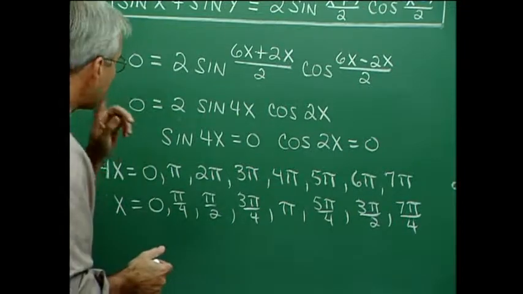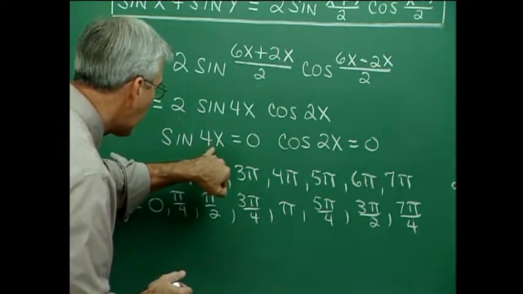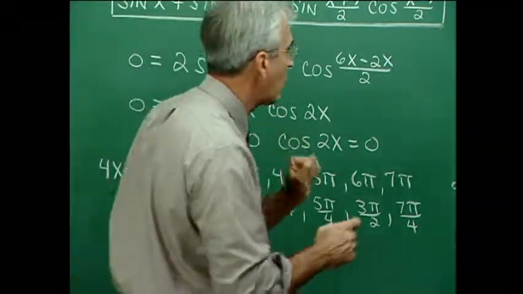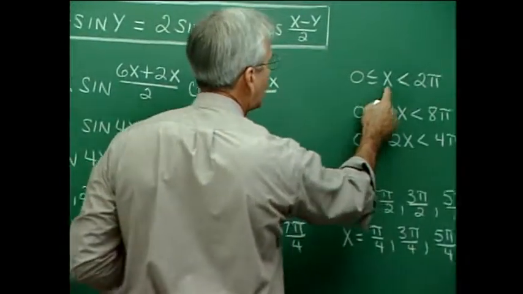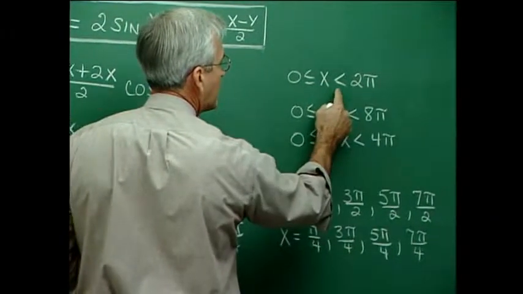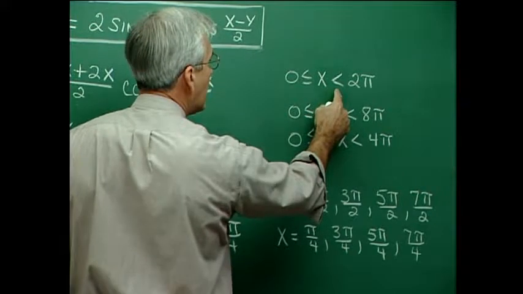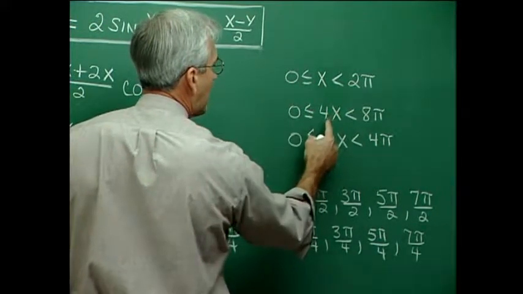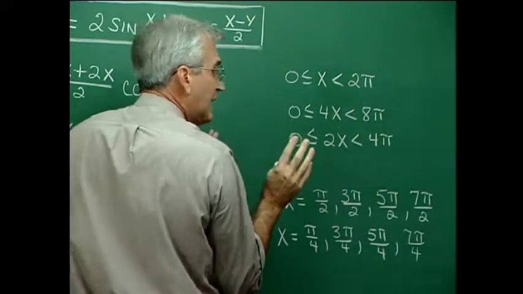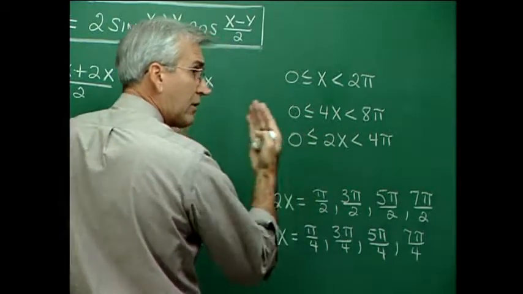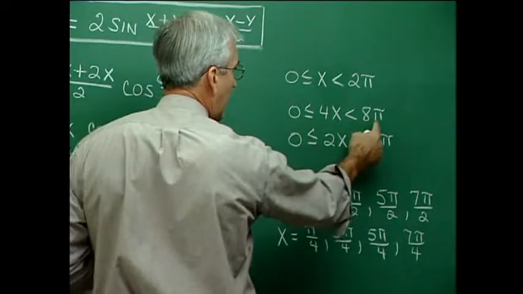To consider 4x, we think, well, if we want x to lie between 0 and 2 pi, and notice that this is a strict inequality here, then I'll multiply in all parts by 4 to understand that my cycle for this analysis is between 0 and 8 pi.